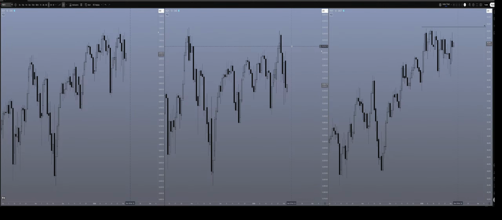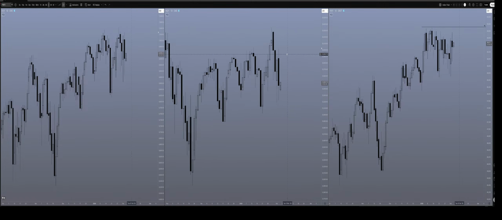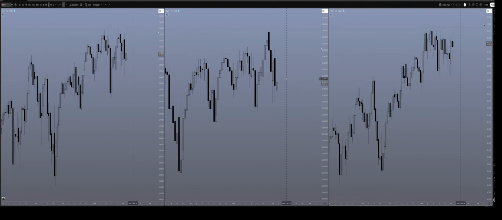So we'll just mark that down, range daily profile. No assets have taken that either.